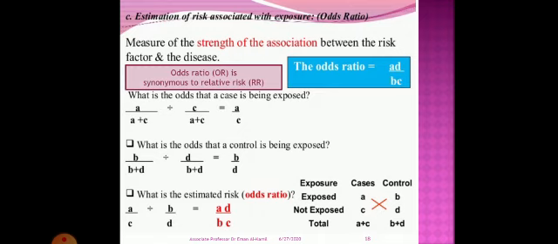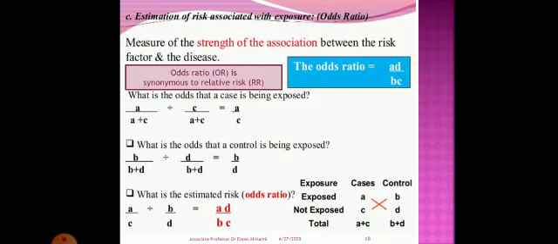Then we are going to estimate the risk, whether there is an association or not between the exposure and the disease. So we are going to measure the strength of association between the risk factor and the disease, which is called the odds ratio. The odds ratio is synonymous to the relative risk.